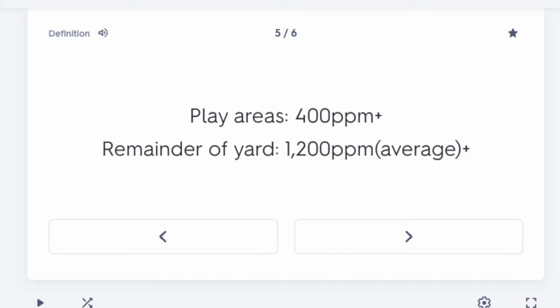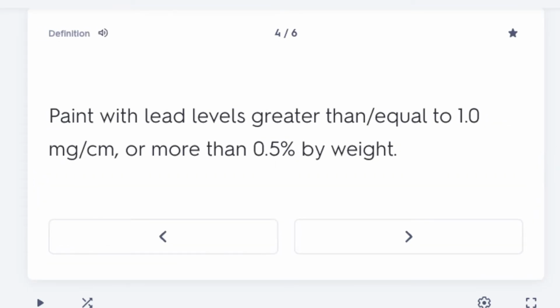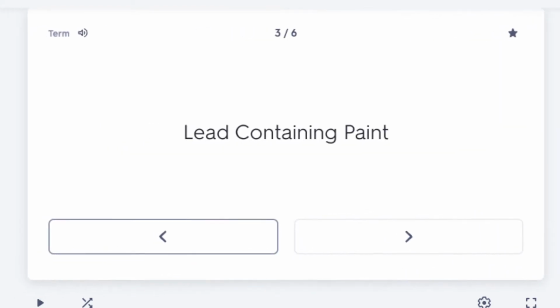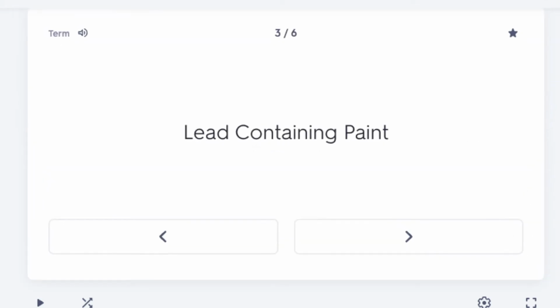That's a lower number, 1,200 in the remainder of the yard. Lead-based paint, that is paint with lead levels greater than or equal to 1.0 mg/cm² or more than 0.5% by weight. Lead-containing paint is lead in new dried paint in excess of 90 ppm by weight.